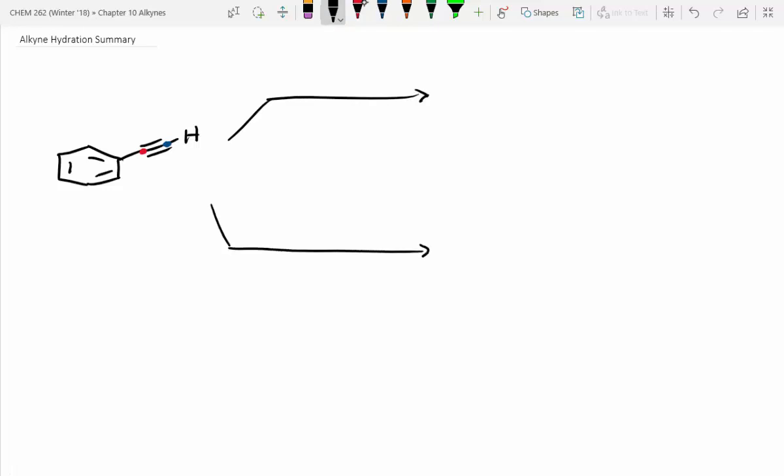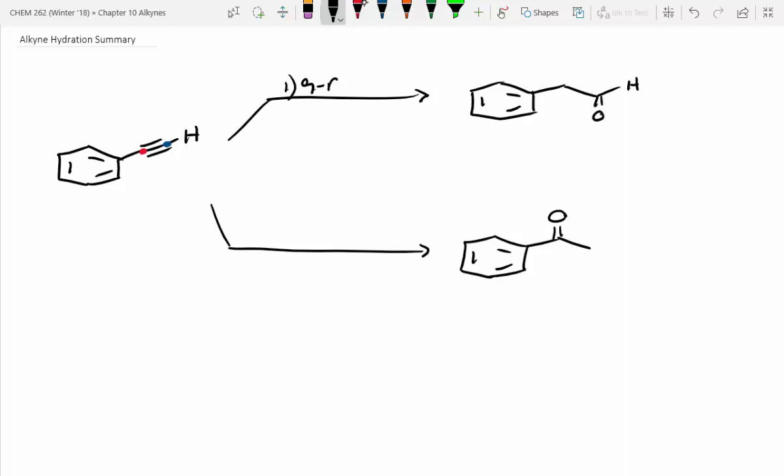One where we hydrate the blue carbon, in which case we end up with an aldehyde, right? And then another one where we hydrate the red carbon, where we end up with a ketone. We said in order to get the aldehyde, we'd use 9-BBN.